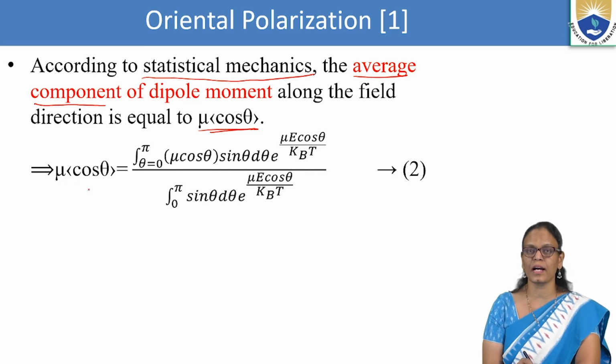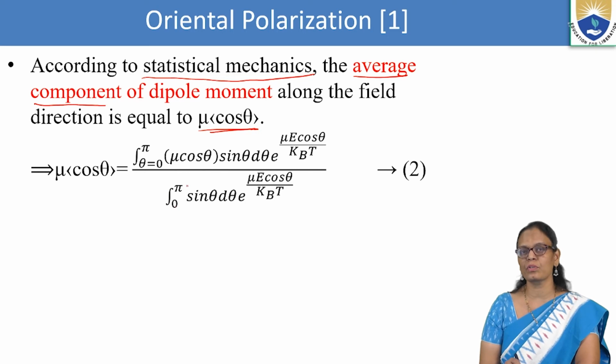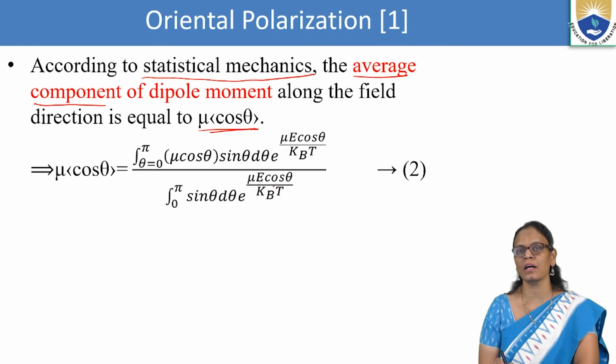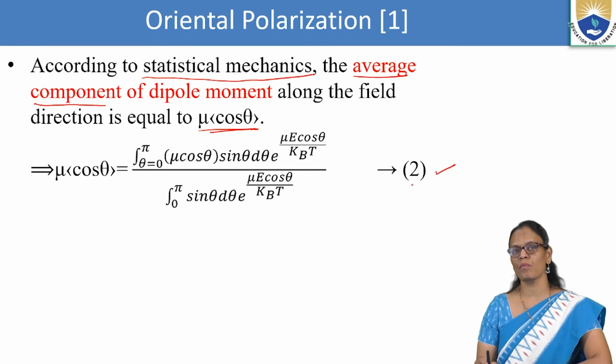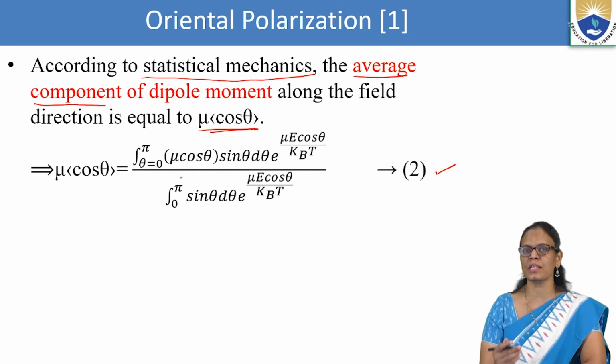So mu cos theta is equal to integral theta is equal to 0 to pi, theta ranging from 0 to pi, mu cos theta sin theta d theta into e power mu E cos theta by kBT, upon integral 0 to pi sin theta d theta into e power mu E cos theta by kBT. So we'll take this as equation 2. Now what we have to do, we'll have to solve this integral. So in order to solve the integral, we'll make certain assumptions and solve them.